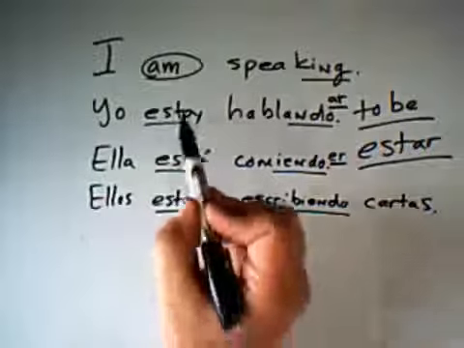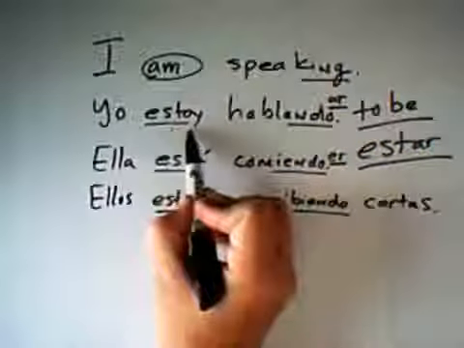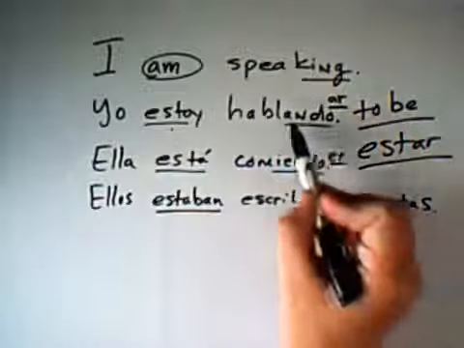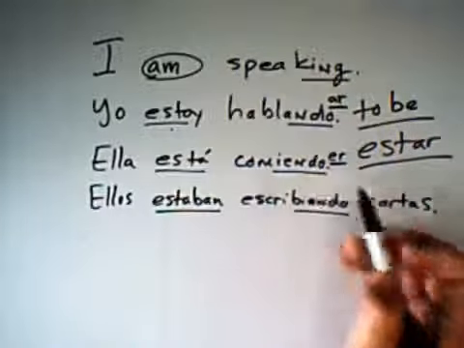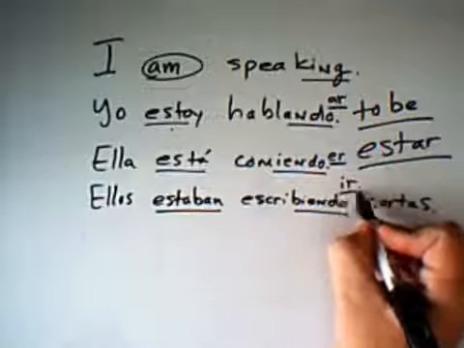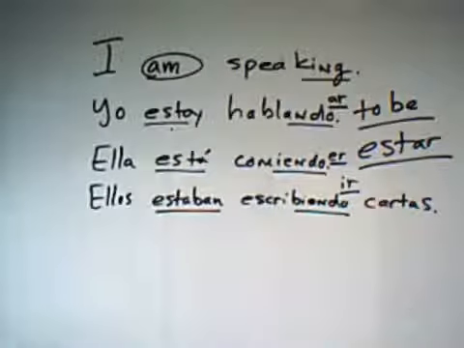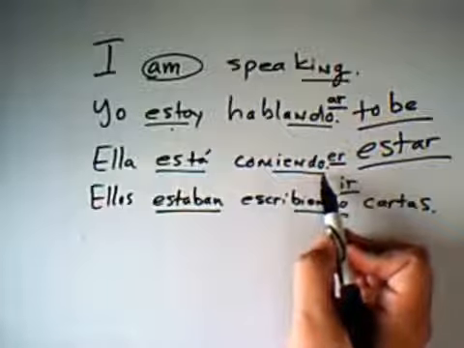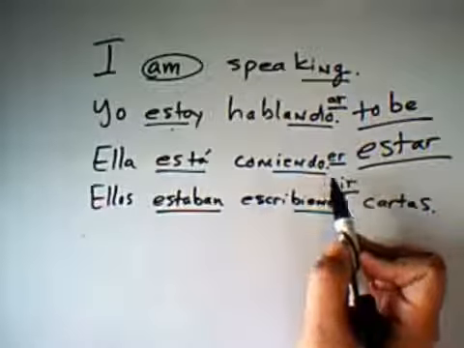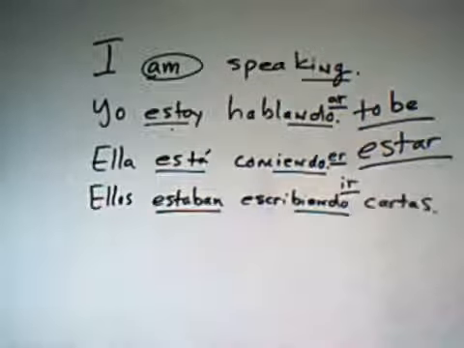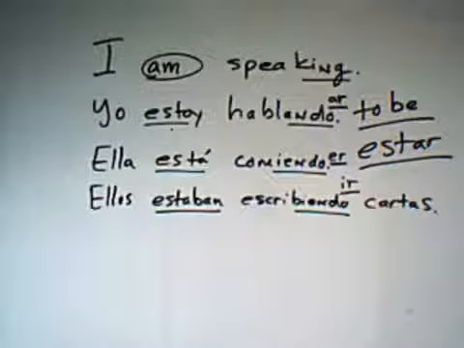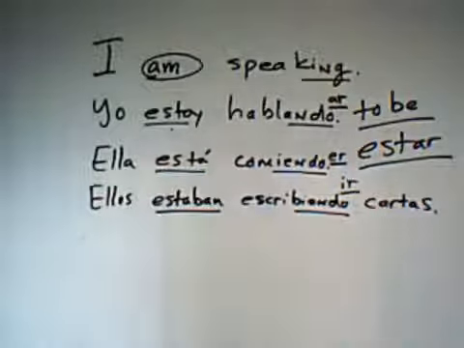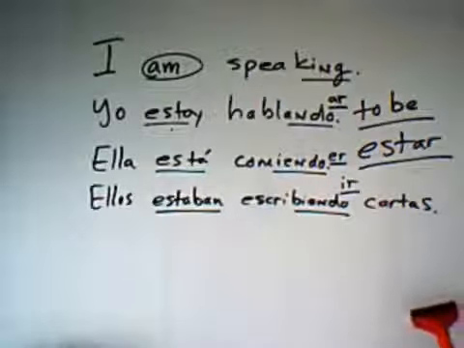So in these examples, we can see a form of the verb estar, yo estoy, ella está, ellos estaban, and then an ando ending or an iendo ending. Escribir is an IR verb. So if we have an ER verb or an IR verb, the equivalent to the present participle ing is iendo, I-E-N-D-O. Okay? Again, this is just an overview, so you can see the parallels between English and Spanish with this auxiliary to be. All right?